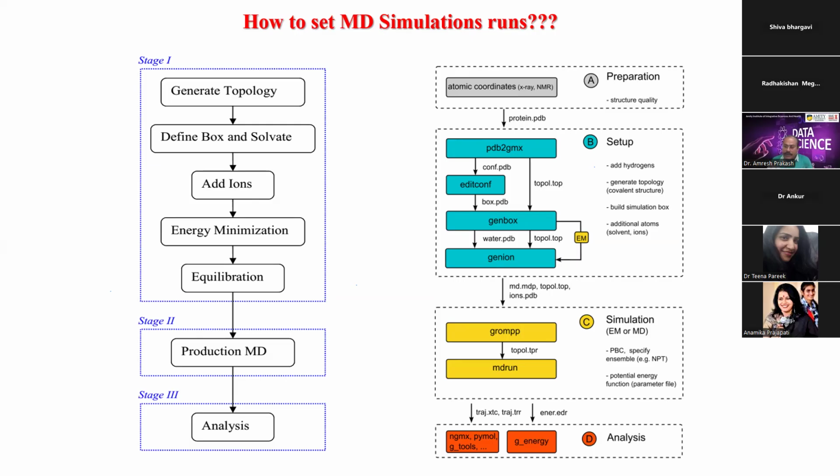So for that, there are NVT and NPT. I hope you remember, in a chemical reaction there is the number of molecules, then the volume, and then the temperature. We fix the temperature. Similarly, there are the number of molecules, pressure, and temperature. At this state, we equilibrate.